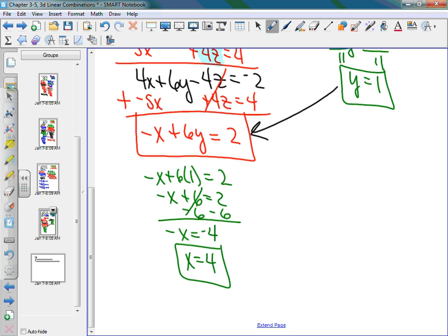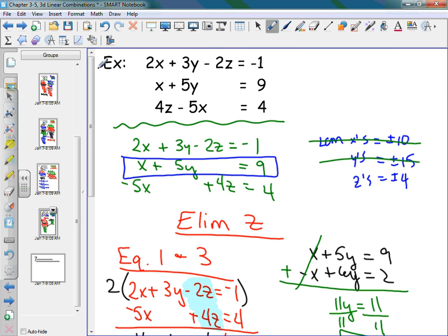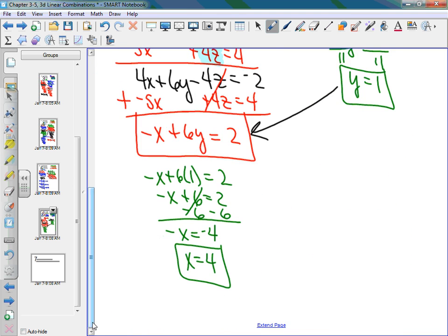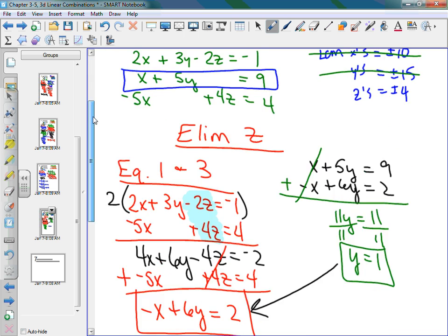Now what do I need to locate? I need to find z. Where can I find my z's? Now which equation would I want to use? Why would I choose the last equation? There's only 2 variables. So I'm going to choose 4z minus 5x is equal to 4.